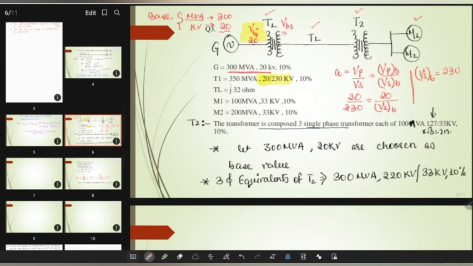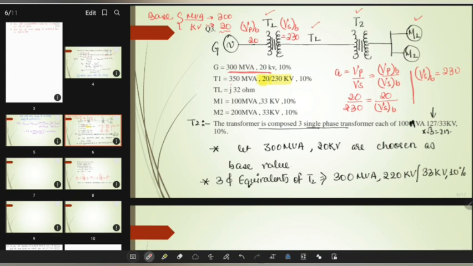Okay, so this Vs base, alright, wait, Vp base and Vs base. So Vs base we got 230 kV. Okay, similarly, what will be the base value of the transmission line?